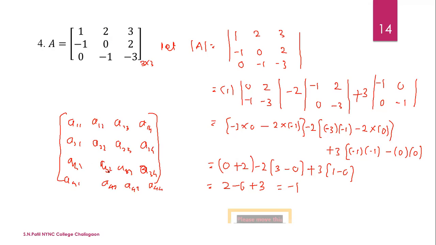The determinant of this 4 by 4 matrix is obtained by the same method. So calculate the minor of this element, minus sign, then the minor of this element, plus sign, then minus sign. Then that time what happened? This 4 by 4 matrix reduced to 3 by 3.